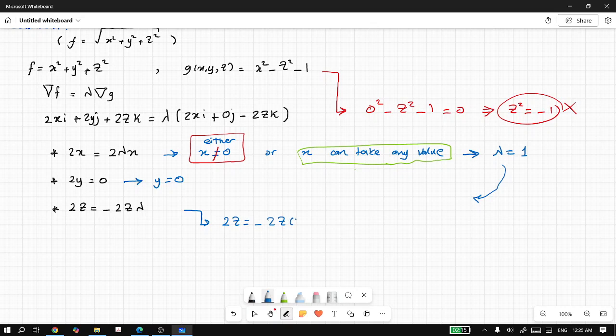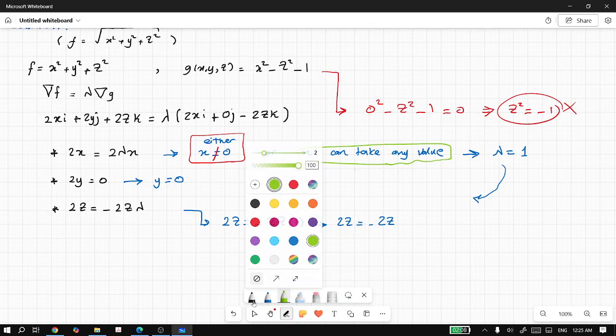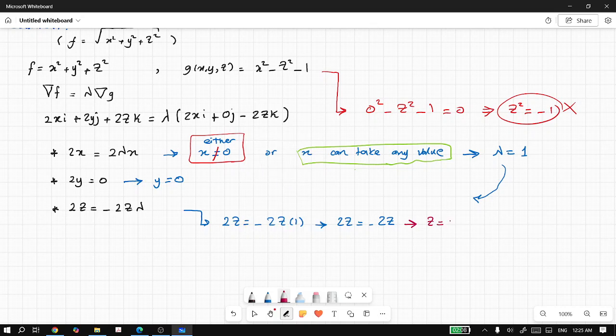So 2z is equal to minus 2z. This equation is only true when z is equal to 0, or else it cannot be true for any other value of z.